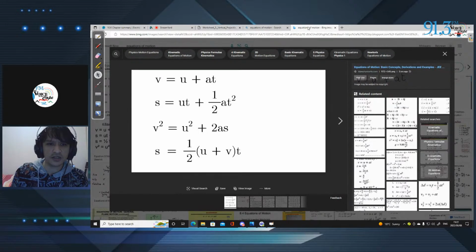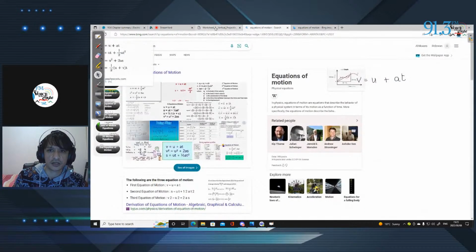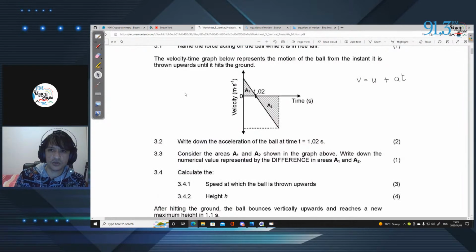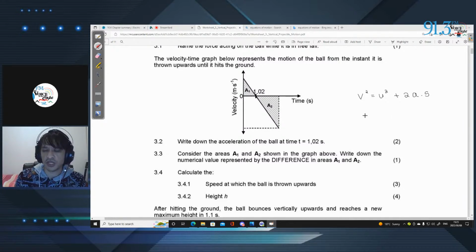Is there one where we are able to use position? Yes, we are. So we can use v squared equals u squared plus 2as. Okay, so let's use that one. Let's go back here. So we're going to use v squared equals u squared plus 2as. In this case, we usually have it in the form of x, but we'll just use s here. So let's see. Initially, our distance from the ground is 3 meters.